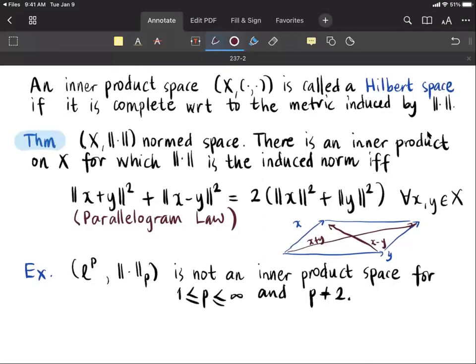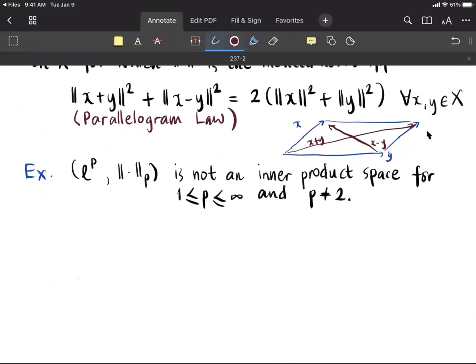However, this is not an inner product space unless p is 2, which we know already, or at least we have mentioned a while ago. Well, to see that this is indeed not an inner product space, we just need to find two vectors for which the parallelogram law is not satisfied.